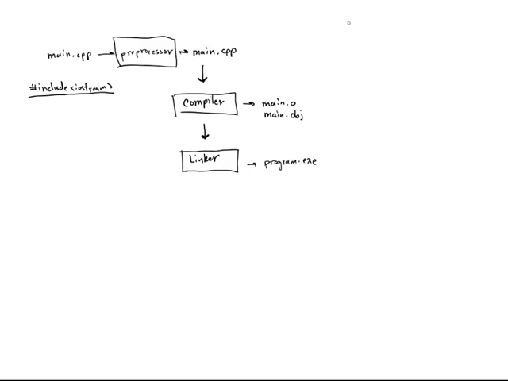But let's say we had an example of a program where we had a main.cpp file, we had a foo.cpp file. Okay, so after we go through the preprocessor and it massages the C++ files, we go through the compiler. The compiler creates object files for each of your C++ files.